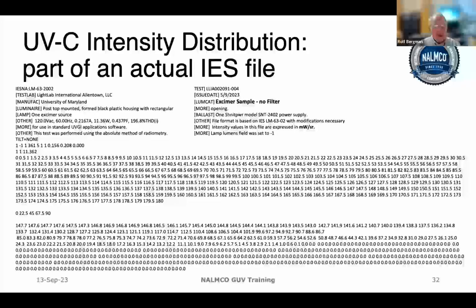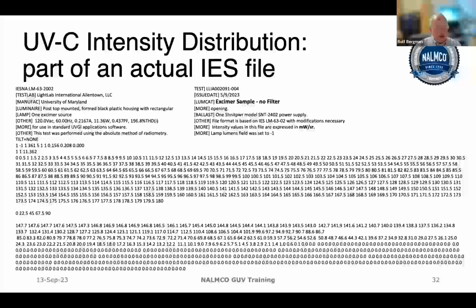So this is the first block of data. And then the second set of data is 0, 22.5, 45, 67.5, 90. These are the lateral angles. So we will collect data at those 5 lateral angles, and basically 360 measurements at each one of those.